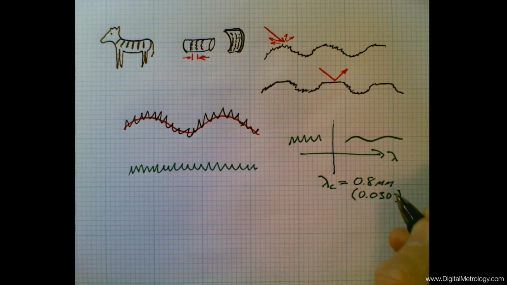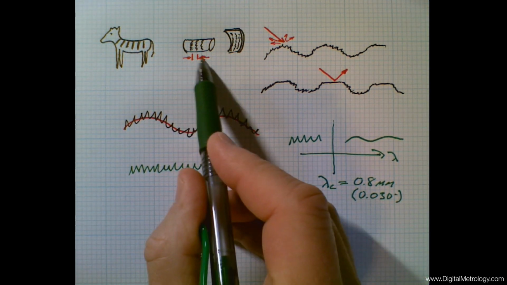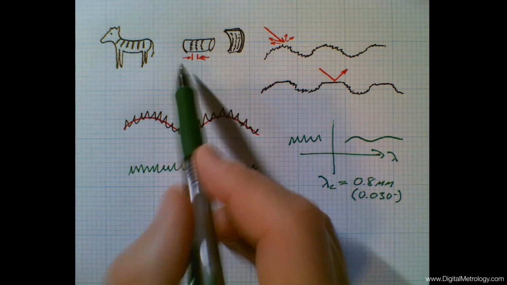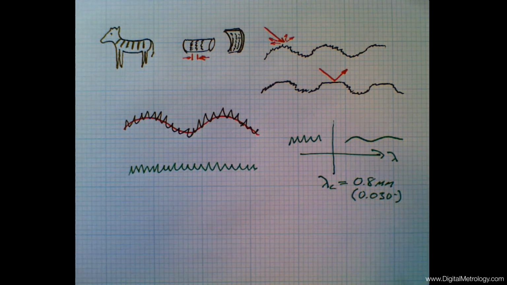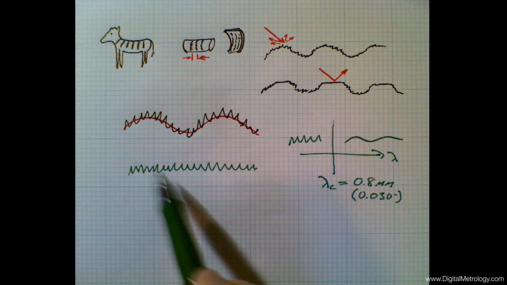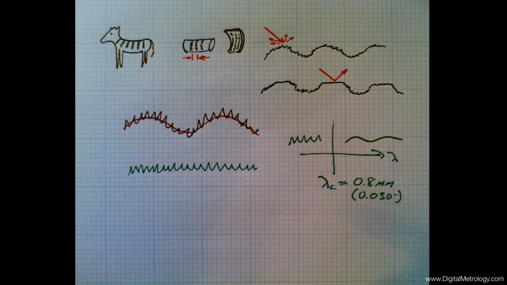This is really important as we start thinking about stripes. If our stripes are farther apart than 0.8 millimeters, or 30 thousandths of an inch, we are not talking about roughness, we're talking about waviness. The stripes are being introduced by a wave in the surface, not by the fuzziness in the surface.